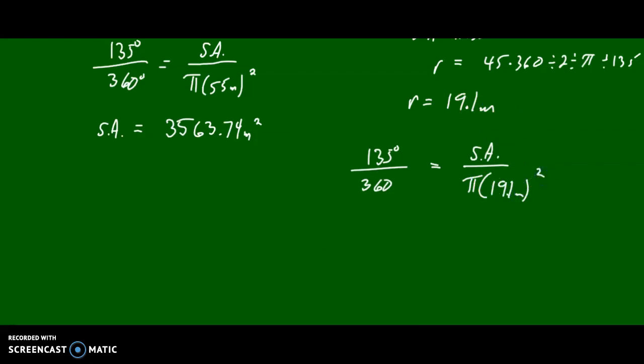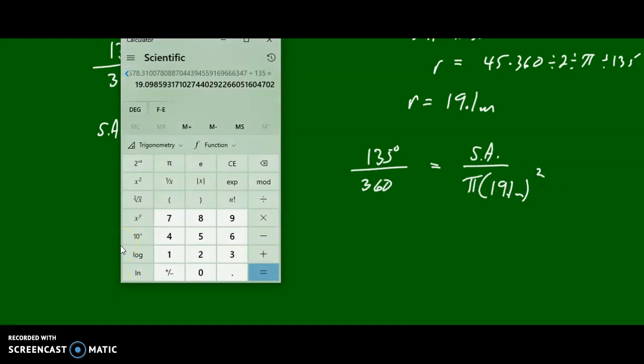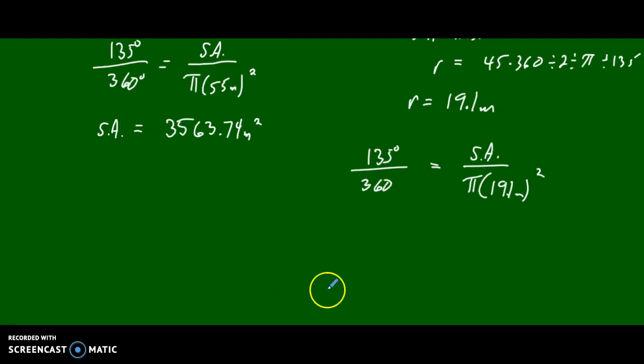So squaring 19.1, the radius, times pi, times 135, divided by 360 equals 429.72 meters squared.